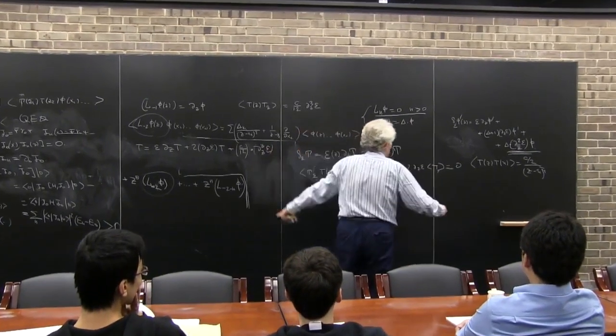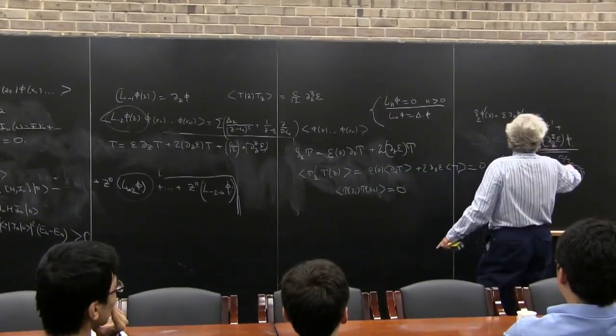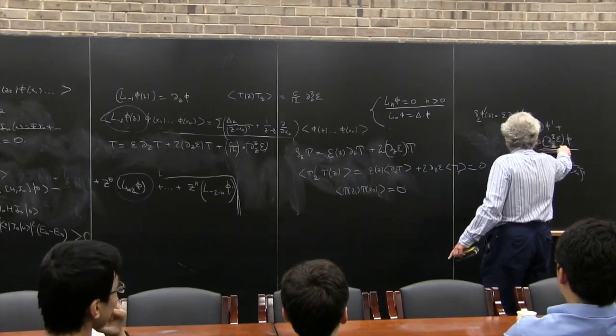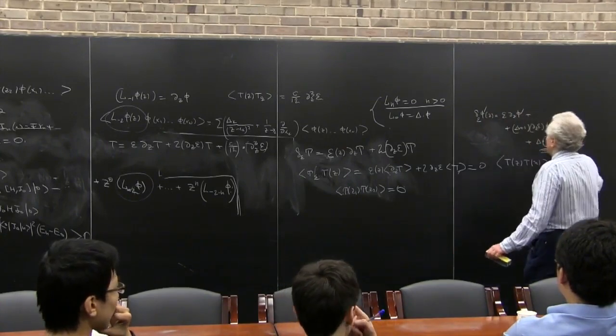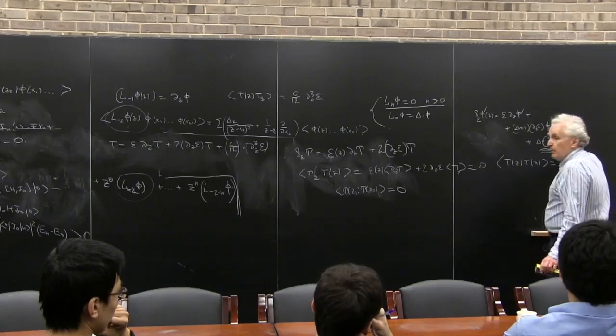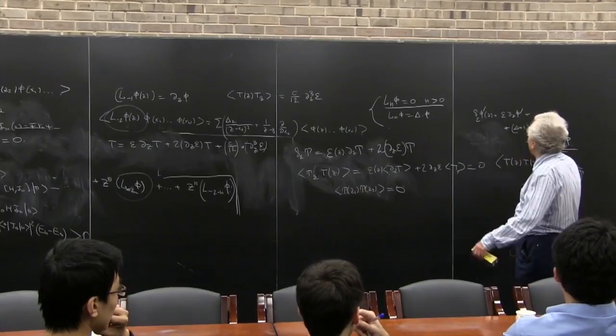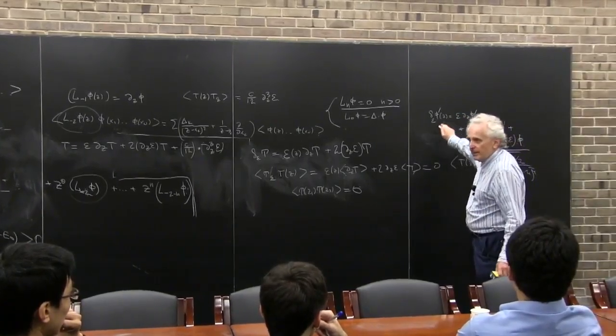Here it's the cube, third derivative. Here it's the second derivative. And it is multiplied by the primary operator, which gave rise to this descendant.